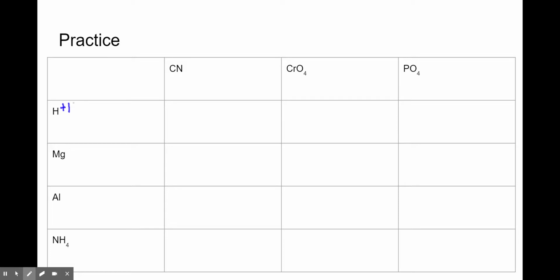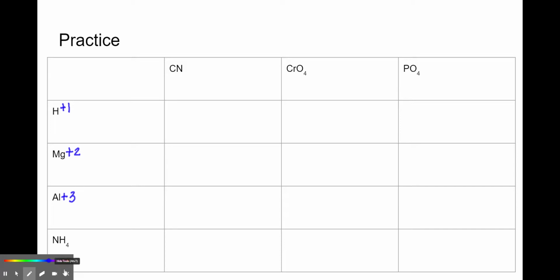Magnesium is also a single atomic element. It is found on the periodic table in the second column, so its charge is +2. Al, aluminum, is also a single atomic element, so it is also found on the periodic table. It's in that third group, so its charge is +3.